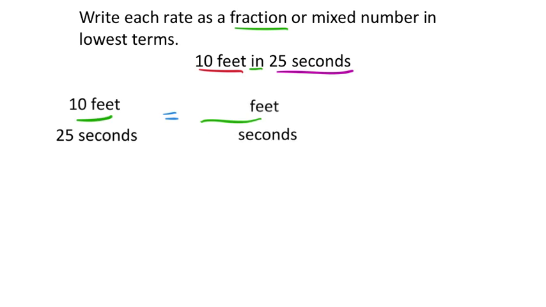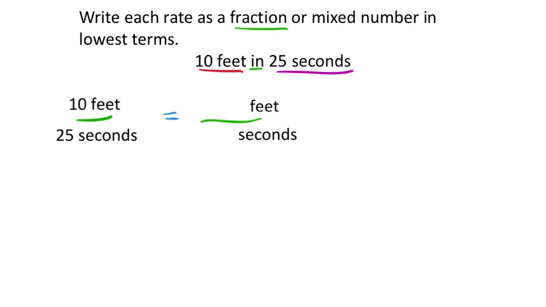This is a crucial feature of rates, at least when you're considering equivalent rates. Labels cannot change location. Feet on the top needs to stay on the top. If you have seconds on the bottom, it needs to stay on the bottom. If you switch them, which you can, you just need to make sure they stay where they were in the beginning.